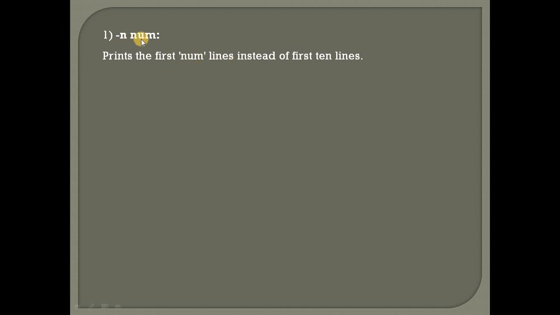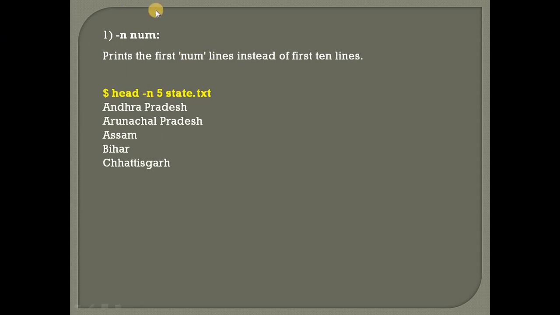Num is mandatory to be specified in the command, otherwise it displays an error. So here you can see in the example, if I want to see the first 5 records of the file state.txt, the command I have used is head -n and then the number of records. So in this case I will be able to see the first 5 records of the file state.txt.